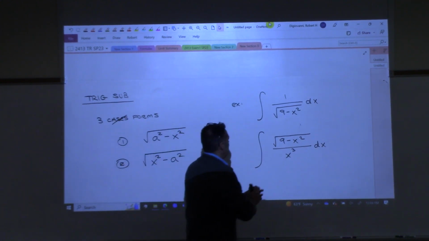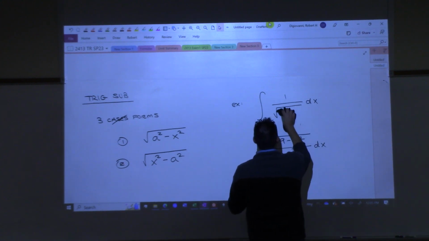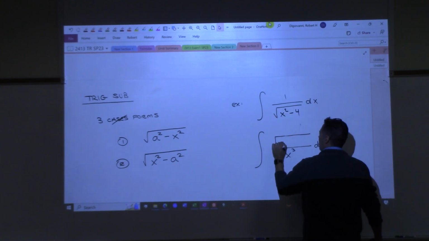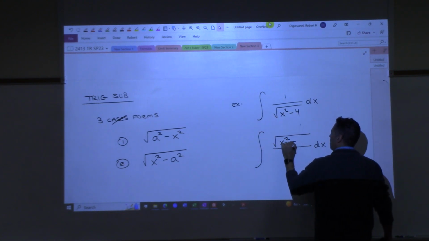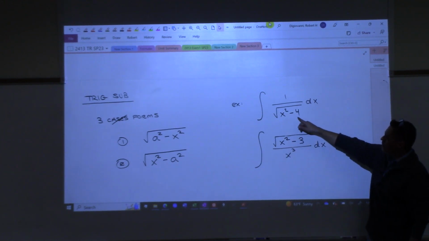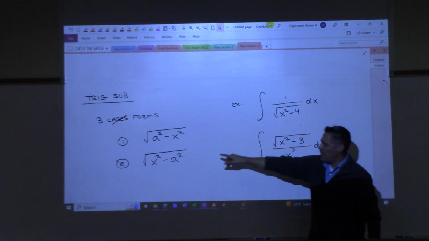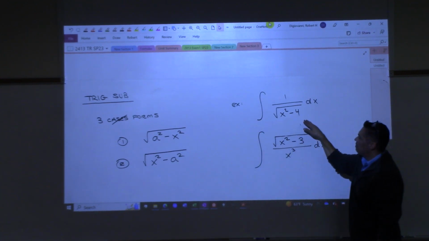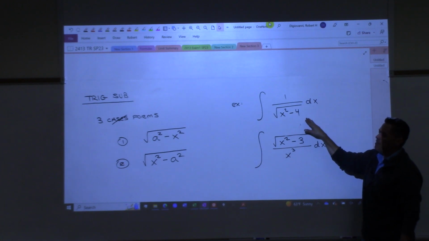Examples of that would just be, take these and reverse the order, right? Reverse the order. Let's do x squared minus 4 instead. And then let's do x squared, let's say, minus 3. So on this one, that's this second form, isn't it? What's a for us here? 4, so a is 2, right?